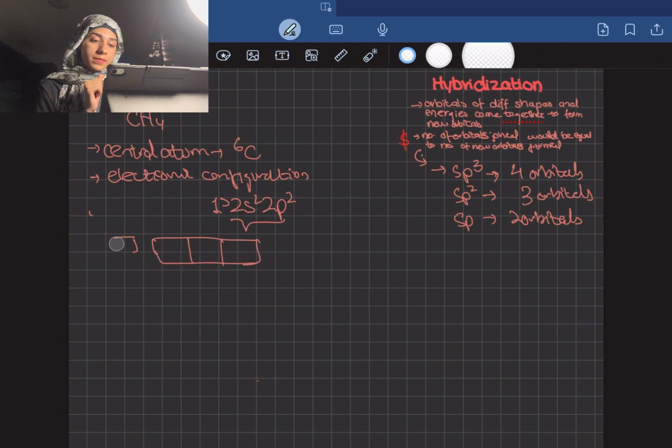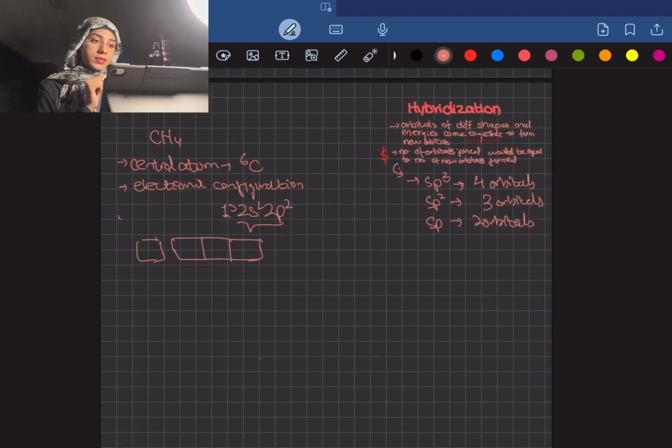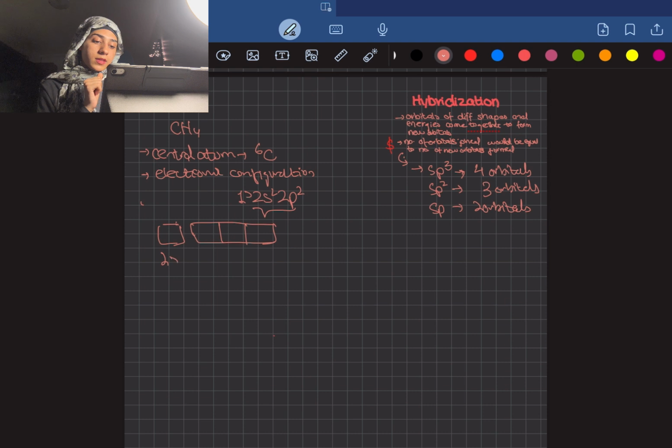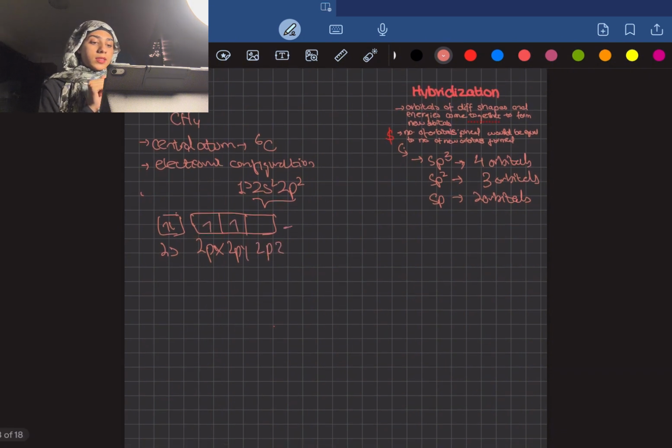Let me just write it like this. So this is my 2s, this is my 2px, 2py, 2pz, 1 and 1. Now this is the ground state. I need to change it to its excited state.